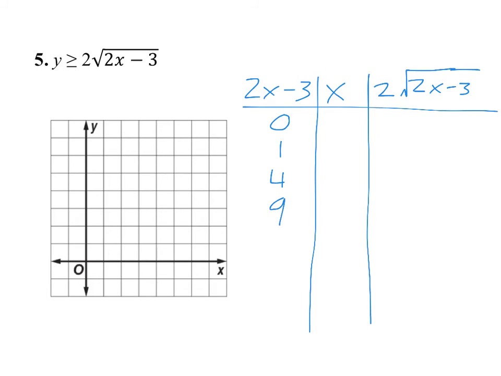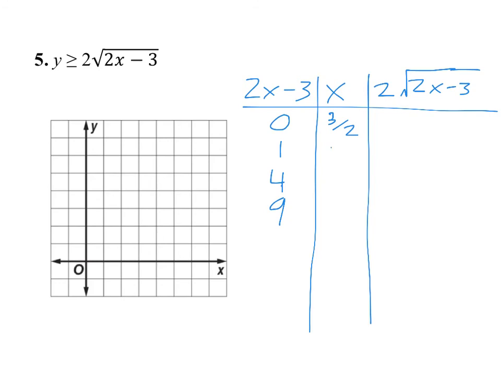We need to figure out what x's would make 2x minus 3 a perfect square. So to figure that out, I'm going to take the first column, add 3, and divide by 2. So this would be 3 over 2.